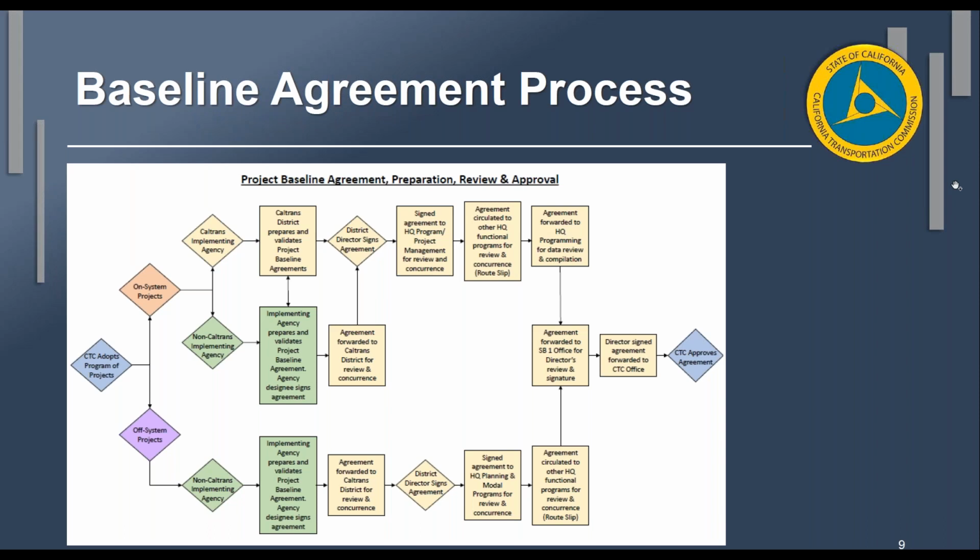We want to make sure that Caltrans is fully supporting and doing what we need to do to support your agencies in accomplishing these objectives. So that's part of the reason for the whole baseline agreement, and the reason that we route it through various places within the department, because we want to make sure that we're doing what we can to support all of these projects in your agencies throughout this process.